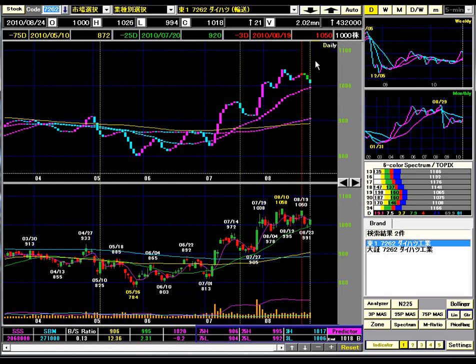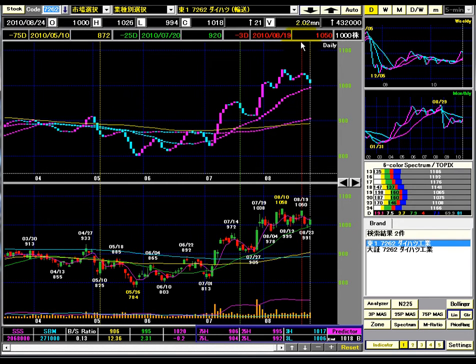Now, first of all, let's have a look at what the predictor line group is. You can see here vertically we have 4 different lines. We have the white line, which is called the basis line, and this is effectively the current day in question. You can also go back in time and analyze the chart position at different points in the past, and your reference line will be this white basis line.